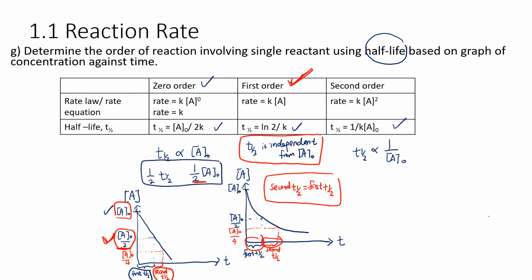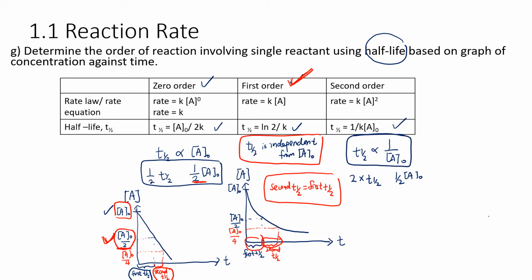In other words, when the initial concentration becomes half, then the half-life of the second order reaction will become double, because it is inversely proportional.